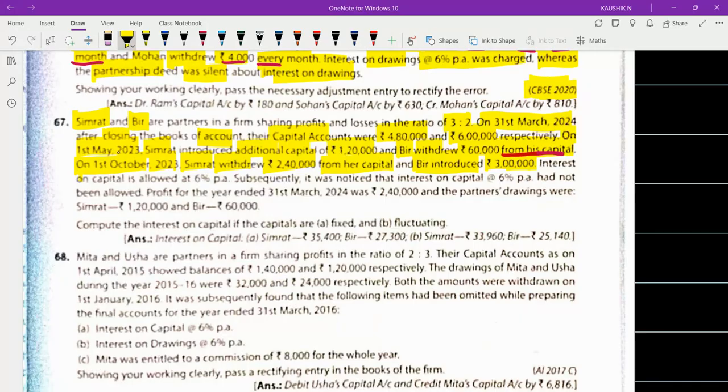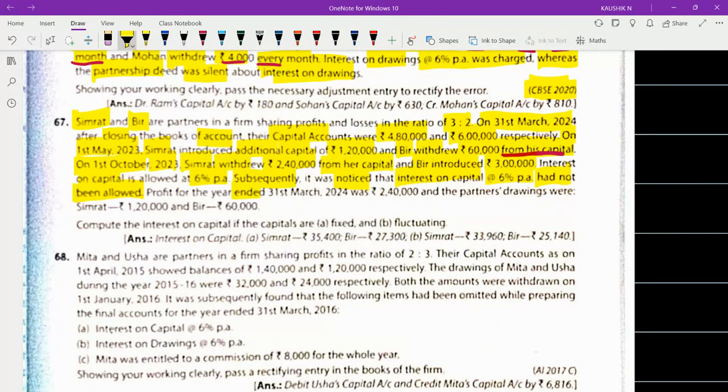Interest on capital is to be allowed at the rate of 6% per annum. Subsequently, it was noticed that interest on capital at the rate of 6% per annum had not been allowed. So you have to allow it, but it was noticed that it has not been allowed.